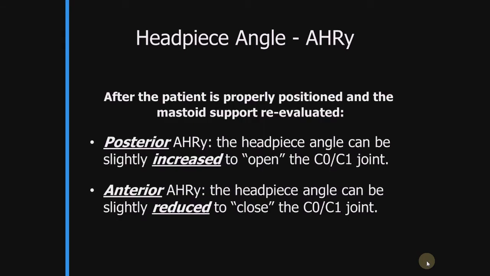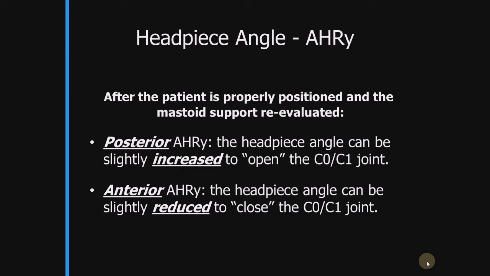Thus, when applying the headpiece angle to the rotational subluxation misalignment, if you have a posteriorly misaligned atlas on the side of the ACD, we're going to slightly increase the headpiece angle to create an opening effect of the occiput C1 joint on the side being adjusted, which we will refer to as the proximal occiput C1, C2 joint. This will allow for the larger posterior mass to want to come through with the atlas correction of the sonic impulse.